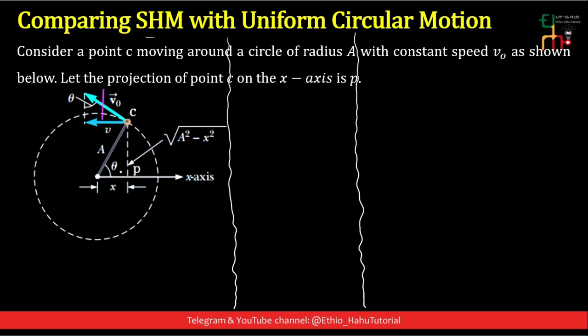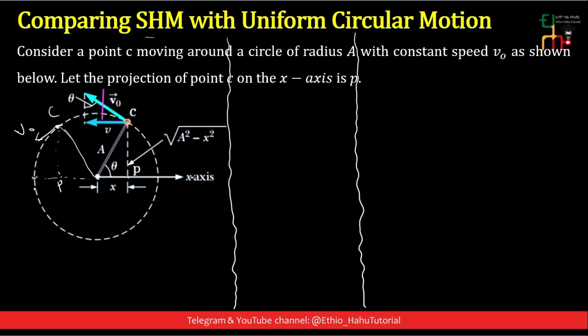about this point. When point C reaches this point, the projection of point C on the x-axis is this one. When point C reaches this point, the projection on the x-axis is P. The particle moves in this direction and reaches this point, where its projection is the same as the point itself.